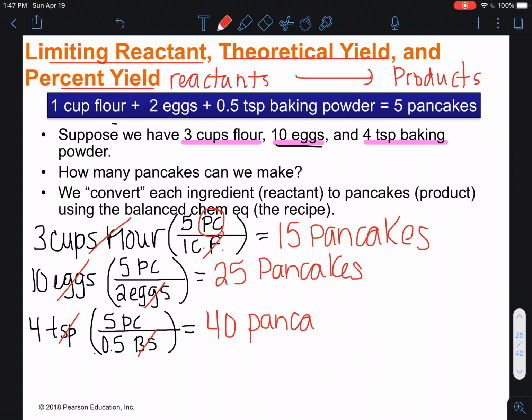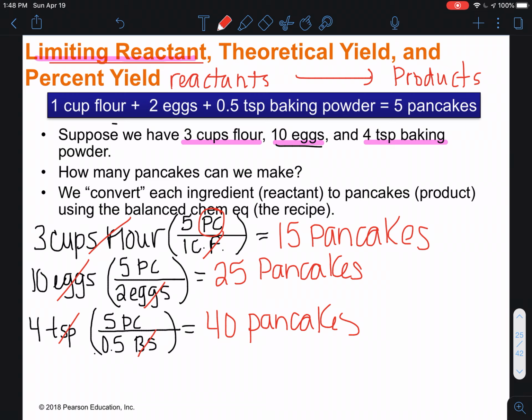So in order to figure out the limiting reactant, you're going to have to always convert every single reactant, in this case flour, eggs, and baking soda, to product, and in this case it's pancakes, using the coefficients from the balanced chemical reaction.